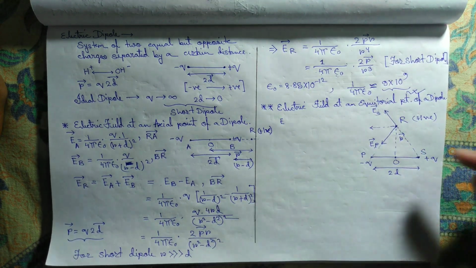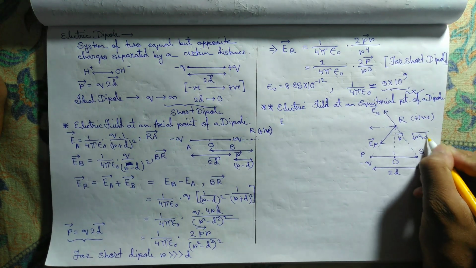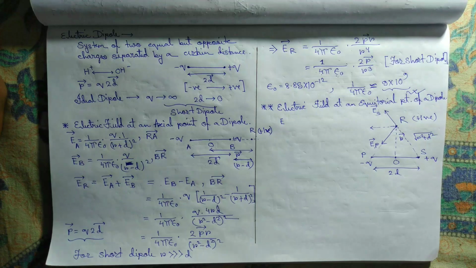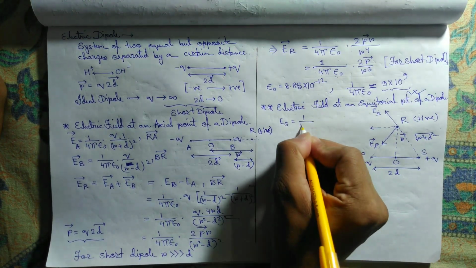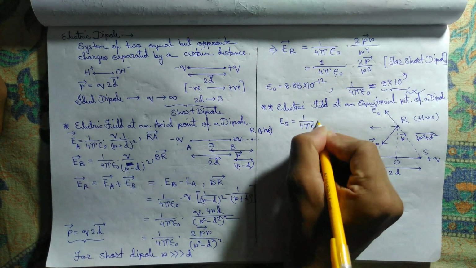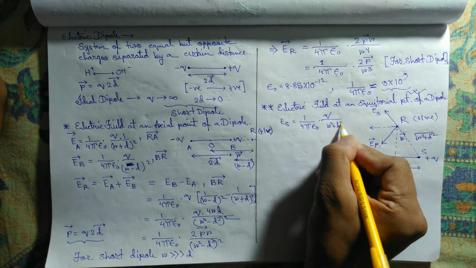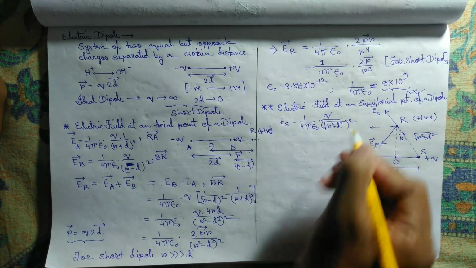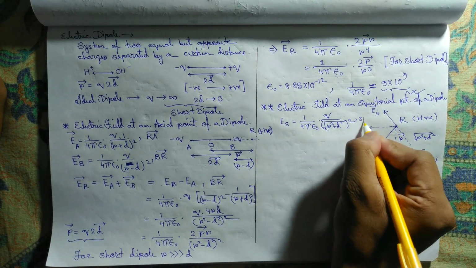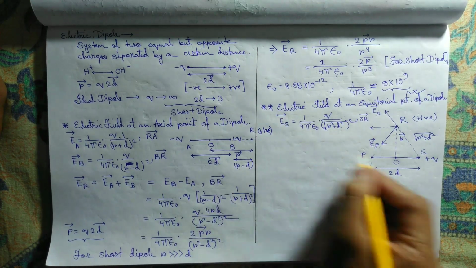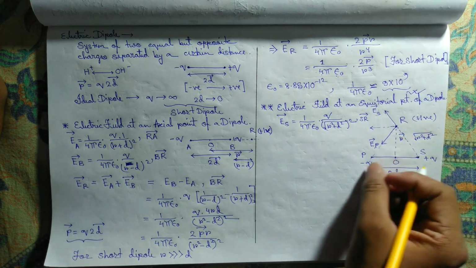So the distance RS will be the square root of R square plus D square, right? It will be easy. So ES will be 1 by 4 pi epsilon naught Q by (R square plus D square) whole square, and the direction will be along S to R. And similarly, the electric field at point R will be attracted by minus q.